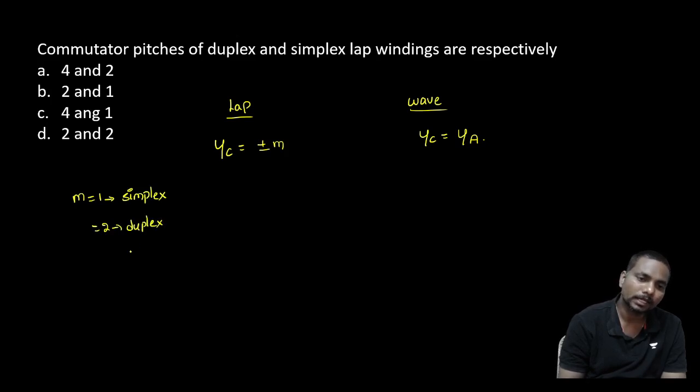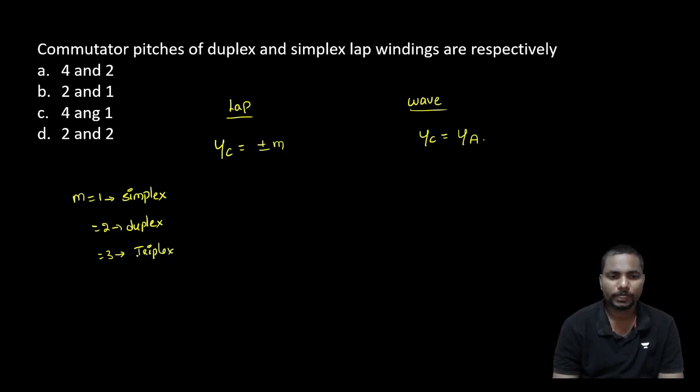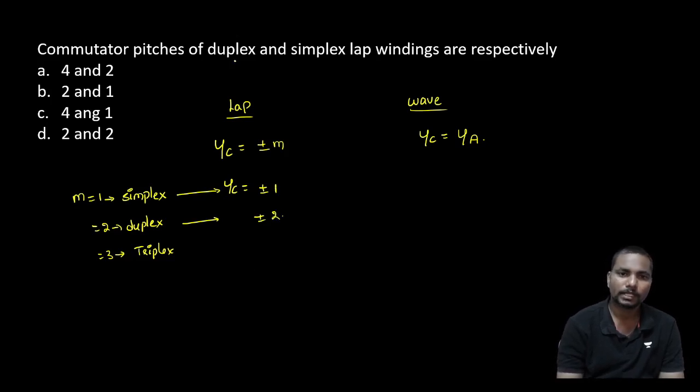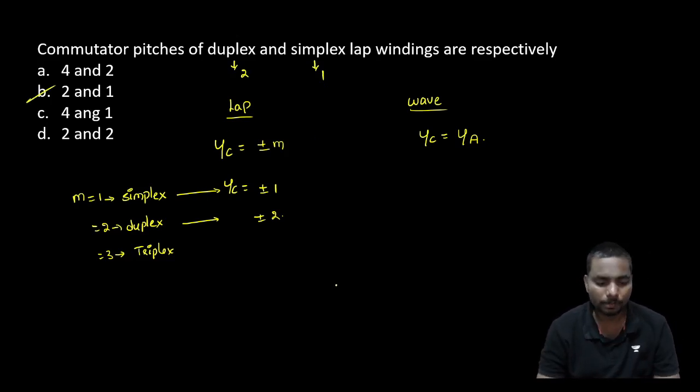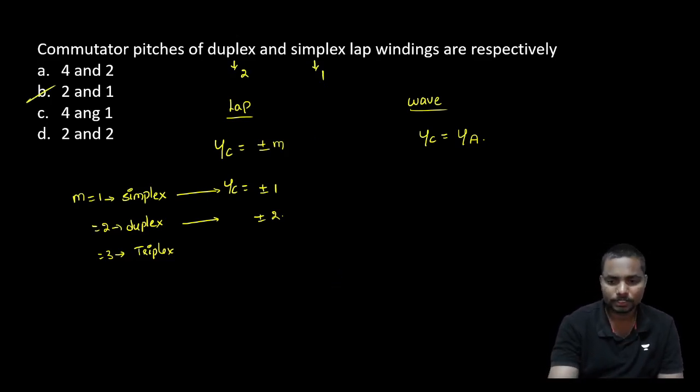In this series it is the third time I am giving this, very important. So YC for simplex is plus or minus 1, and for duplex it is plus or minus 2. They are asking for duplex and simplex, so the answer is 2 and 1. So option B.